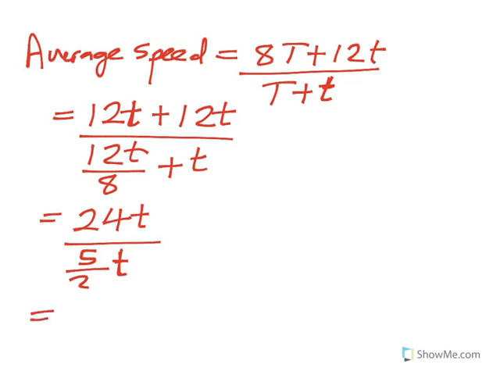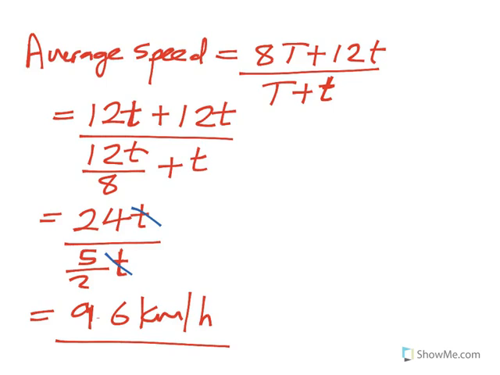Then if you simplify that, the t is going to cancel out, and if you divide these, you're going to get 9.6 kilometers per hour. So the average speed is 9.6 kilometers an hour. So again, it was not that difficult, but it needed you to be a bit sensitive to a few things.